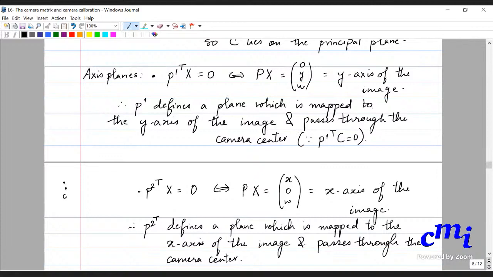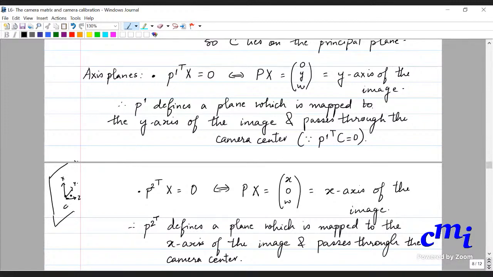So here you have C, like this. Let me draw it better. So here you have C, X, Y, Z. This is usually how it is taken. We have defined this plane, the principal plane, but there are two more planes in the space.